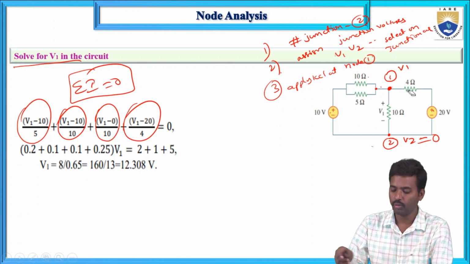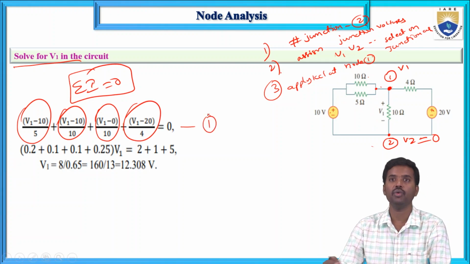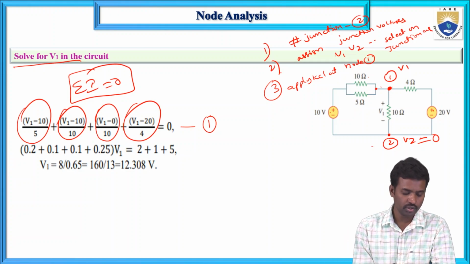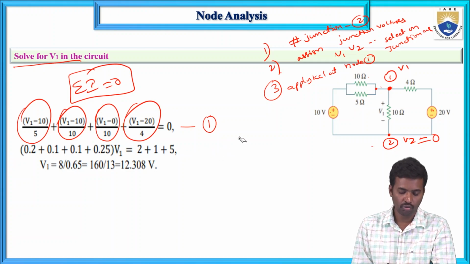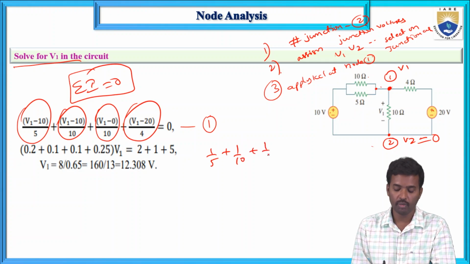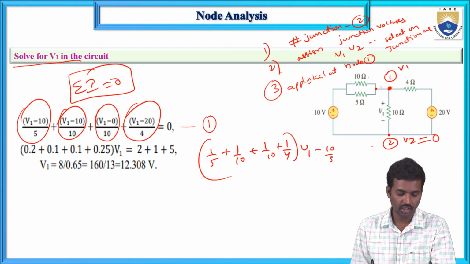So now this is equation number 1. Here we have only 1. Now if you simplify this one, V1 is common. So (1 by 5 plus 1 by 10 plus 1 by 10 plus 1 by 4) into V1, minus 10 by 5, minus 10 by 10, minus 0 and minus 20 by 4 equals 0.